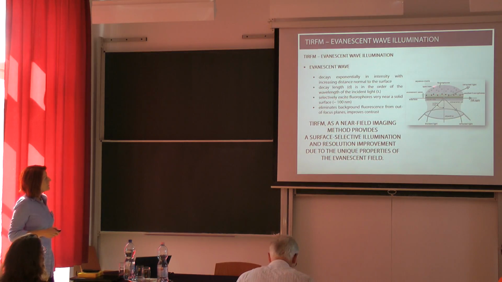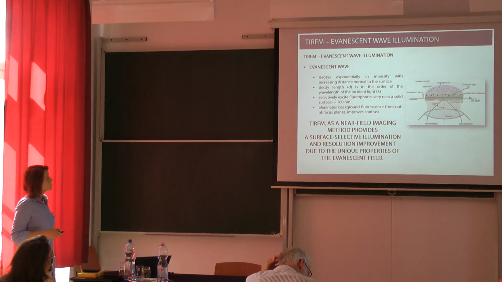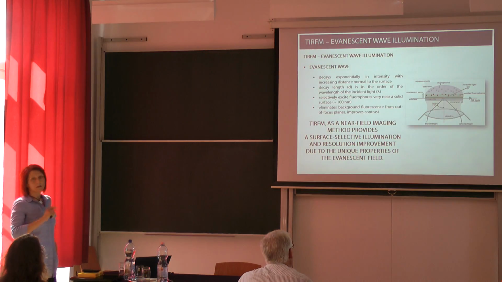Since the evanescent wave is formed at the boundary of two media, such as the glass coverslip and the sample that you investigate, the evanescent field can excite only the fluorophores located within this region, within this few hundred nanometer thick region.